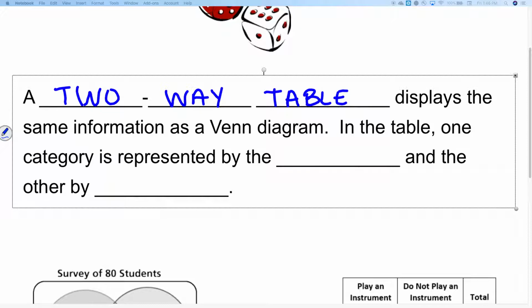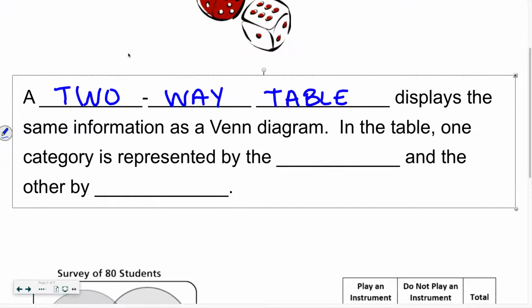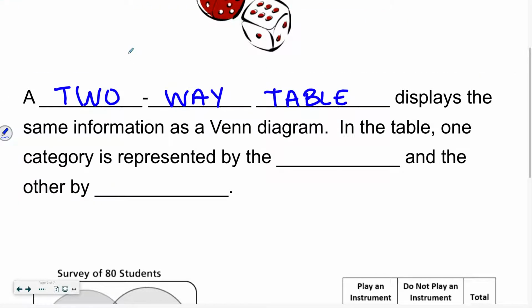Yeah, you've got one right below in the notes. Okay, you can see it right down there. In the table, one of the categories is represented by rows, and the other is represented by columns.